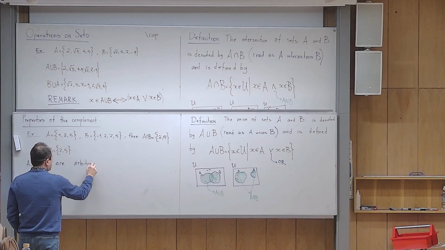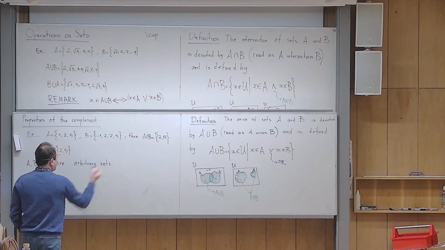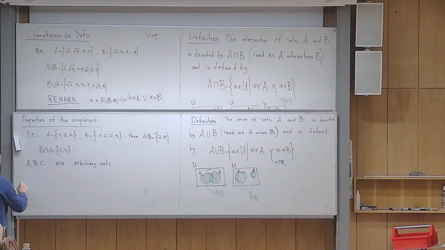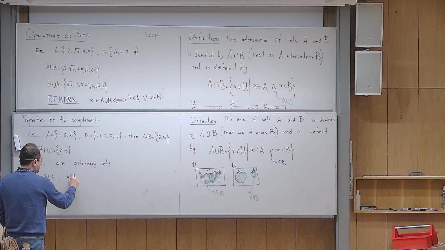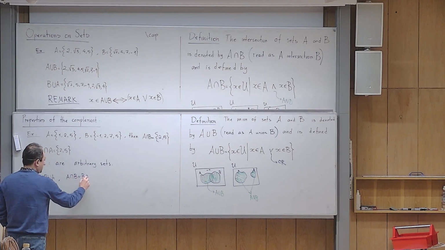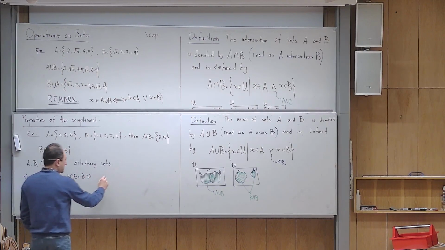The first thing we learned is that A union B is the same as B union A. We also learned that A intersection B is B intersection A. So this is commutativity, yes?